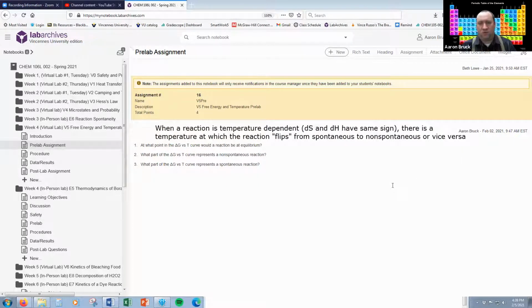And so what we're looking at in this particular case is a way to do that kind of determination only graphically. The graph that we're going to create is going to put one axis as delta G, and one axis as the temperature.